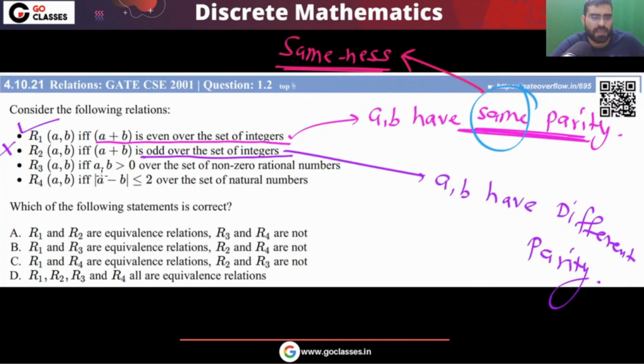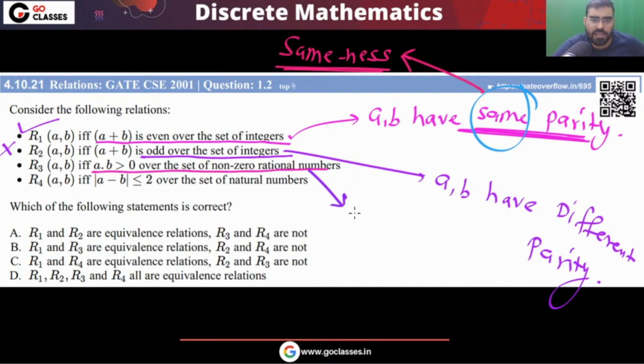What about R3? A dot B is greater than 0 over the set of non-zero rational numbers. What kind of sameness can I say? When can multiplication be greater than 0?